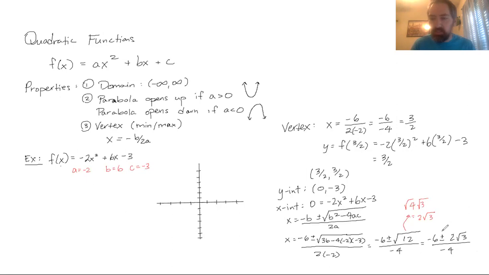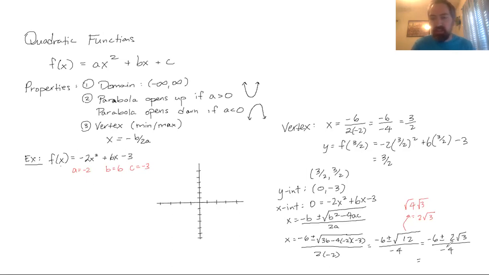So -6 plus or minus 2 square roots of 3 divided by -4. I can take a 2 out of all my numbers. Before I cancel any common factors out, I have to do it in all 3 terms. I've got this one term here, -6. I've got another term, 2 square roots of 3. I've got another term in the denominator, -4.